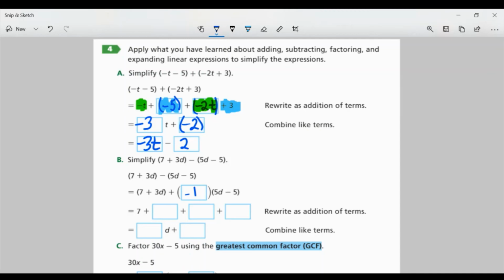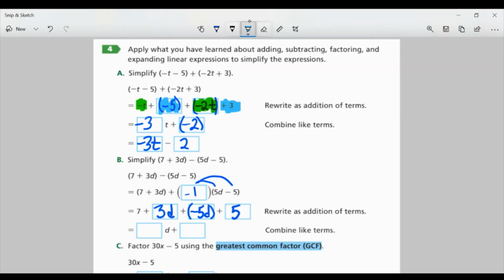So now from here, I can rewrite the first one with just 7 plus 3d. There's nothing to change there. Plus, I want to distribute that negative 1 to 5d, which would give me a negative 5d. And when I go negative 1 times negative 5, negative times a negative is positive, and it would give me positive 5. Okay?